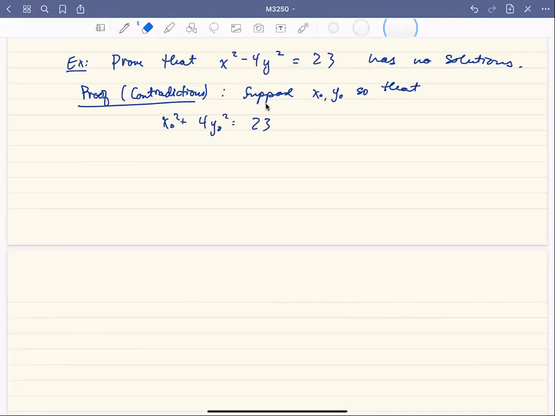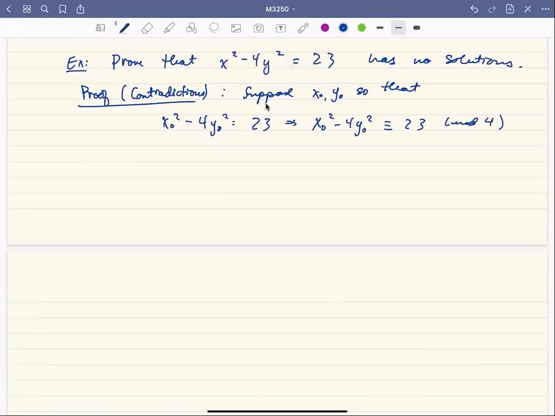And this plus should be a minus, not that it will make any difference. If I say that x naught squared minus 4 y naught squared equals 23, then in particular, since these values are equal, they have to be congruent with whatever modulus. So x naught squared minus 4 y naught squared is congruent to 23, and we're going to work mod 4.